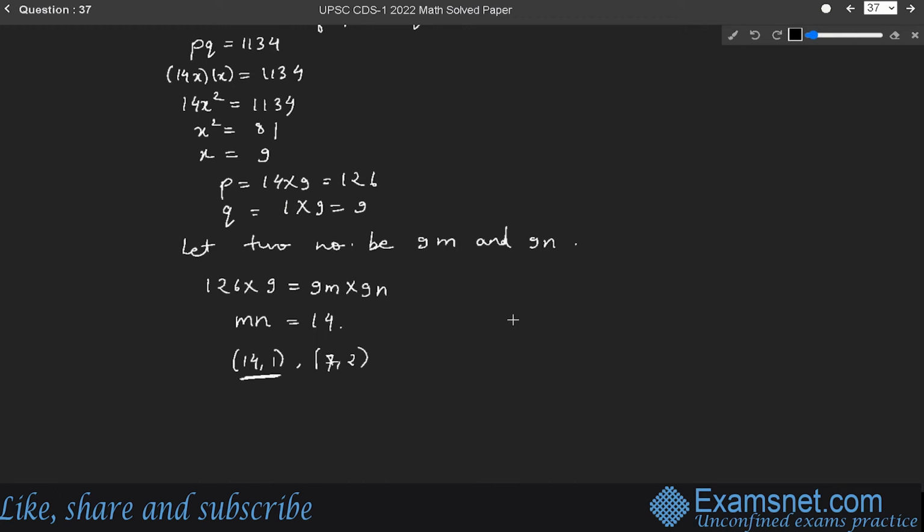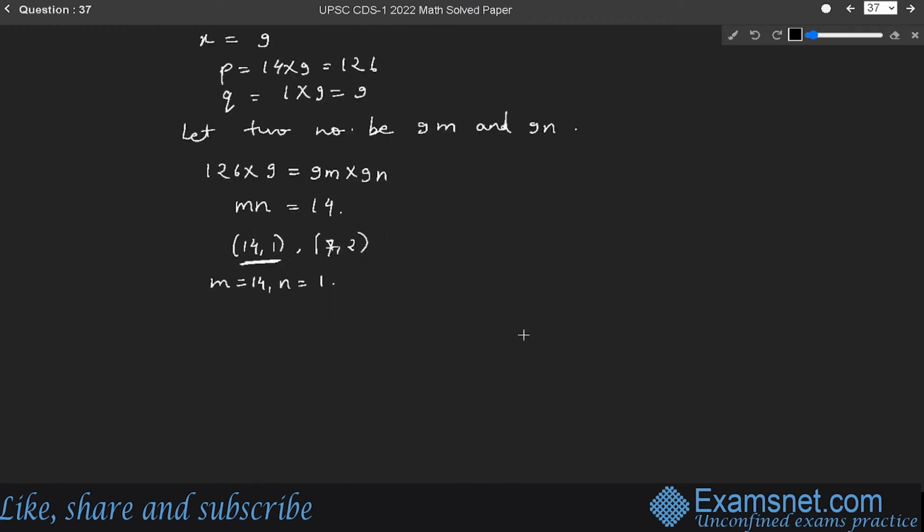When m is equal to 14 and n is equal to 1, we get the numbers 9 into 14, which is 126, and 9 into 1, which is 9. So these are the numbers. Now the difference between these numbers will be 126 minus 9, which gives 117.